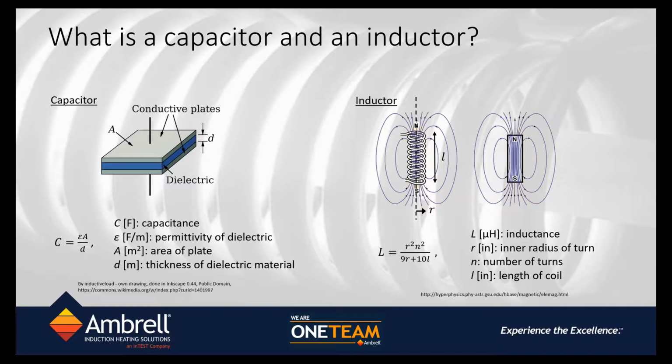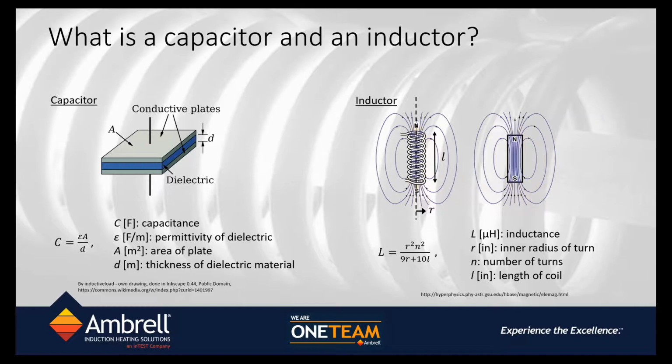The number of turns, that is given by the small letter n on the right. And the formula for a typical simple solenoid, which is this round-shaped induction heating coil that you see most predominantly in documentation and in media, is a pretty complex looking formula.